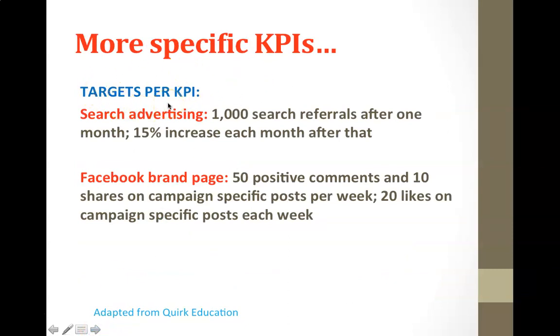And some targets per KPI, 1,000 search referrals after 1 month, 15% increase each month. And I suppose this example is over 6 months, so it gives us the opportunity to adapt. If one of these isn't working or not working well, we can decide to do other things.